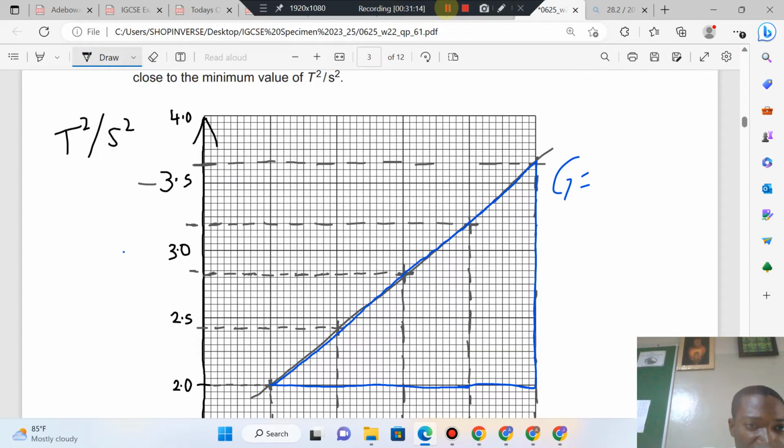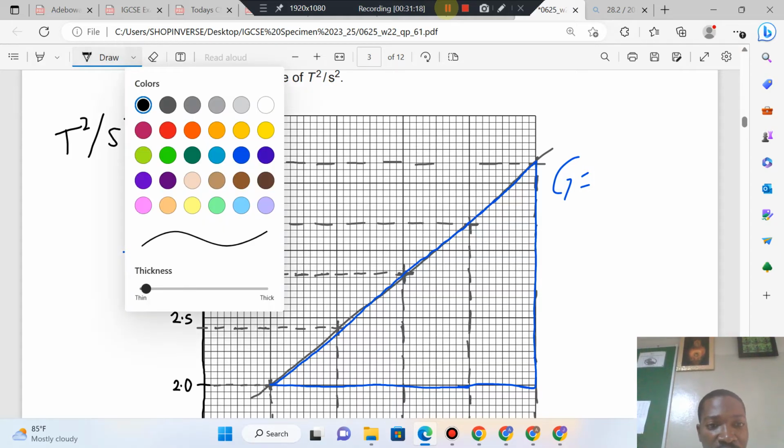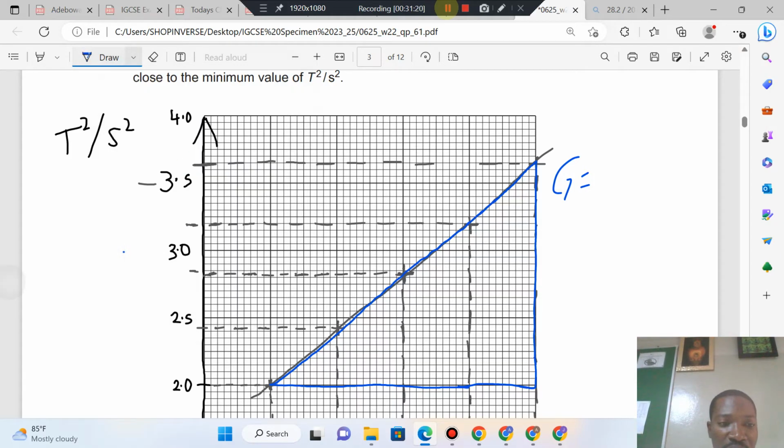Do not forget on the vertical axis we have time, okay, and on the horizontal axis we have length. So our gradient will be t2 minus t1 over L2 minus L1. Why? Because it is L2 and L1 we have on the horizontal axis and T squared on the vertical axis.